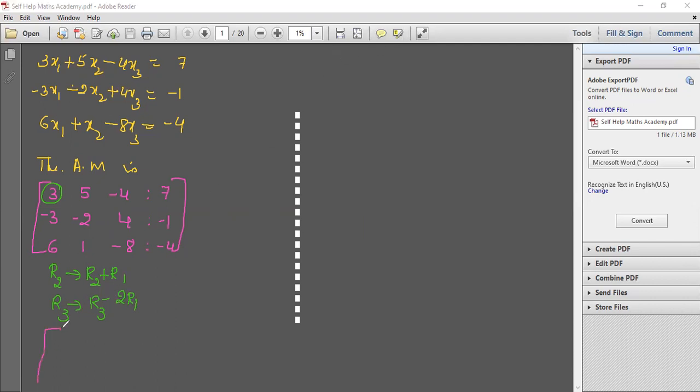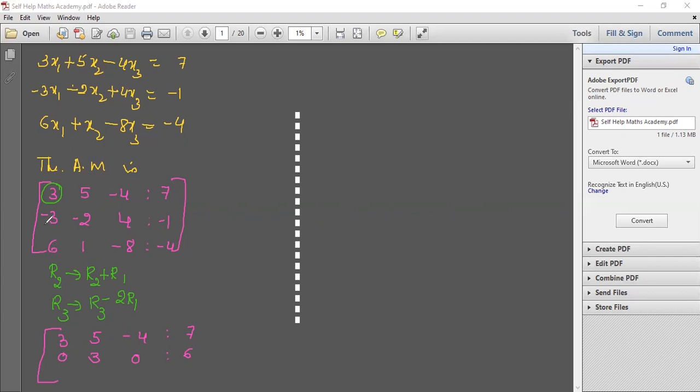R1 stays as it is: 3, 5, minus 4, 7. Minus 3 plus 3 is 0. Minus 2 plus 5 is 3. 4 minus 4 is 0 again. Minus 1 plus 7 is 6.